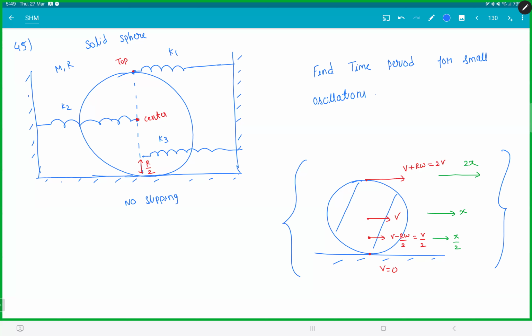Assume the sphere is pushed by x to the right. Then find the elongations and compressions in the spring. Then write the forces. Then take torque over the bottommost point. Question is over. The mistake is this: people don't realize that each spring is elongating differently. If you got that, I think that's the main thing.